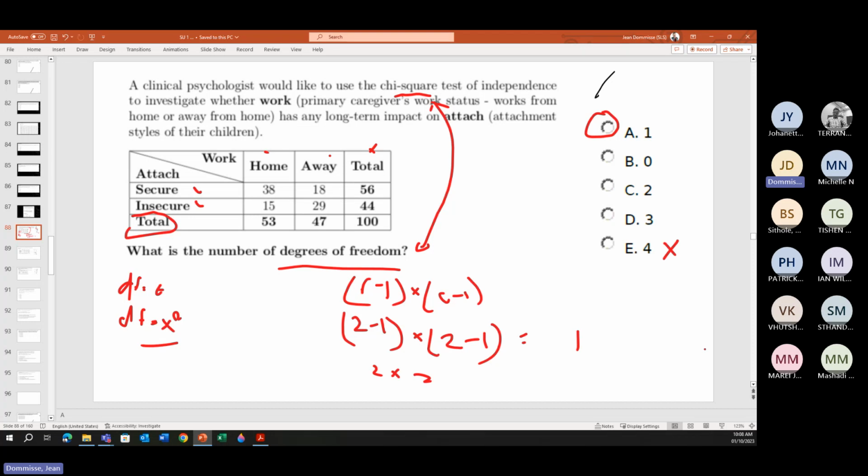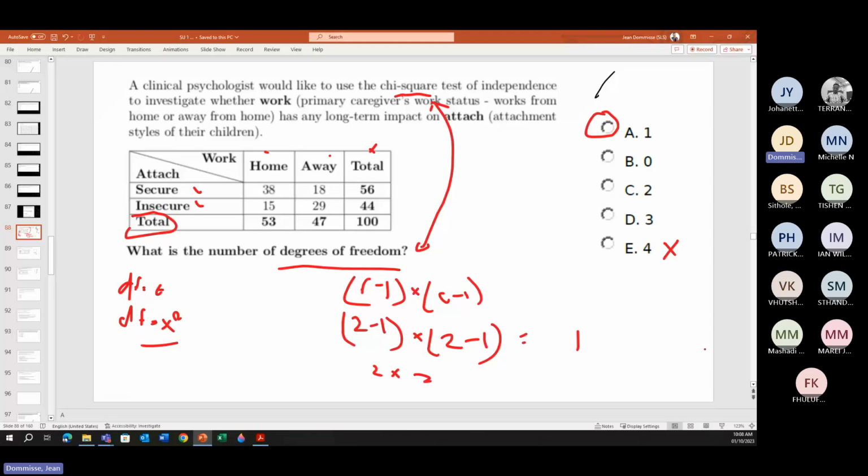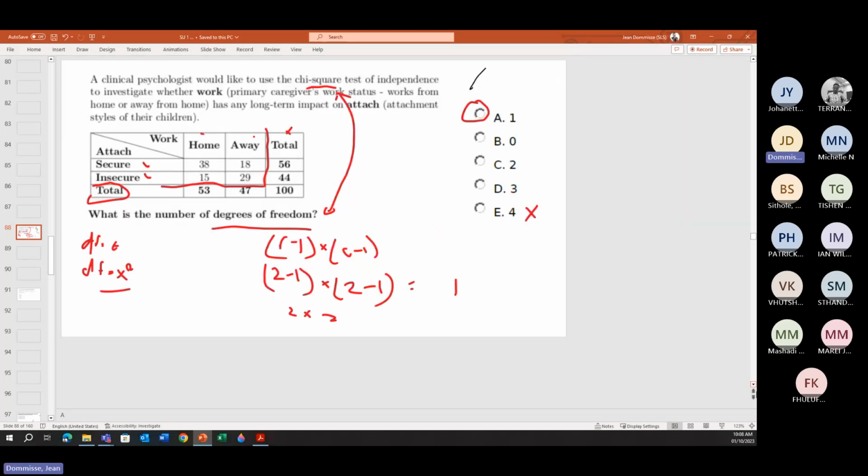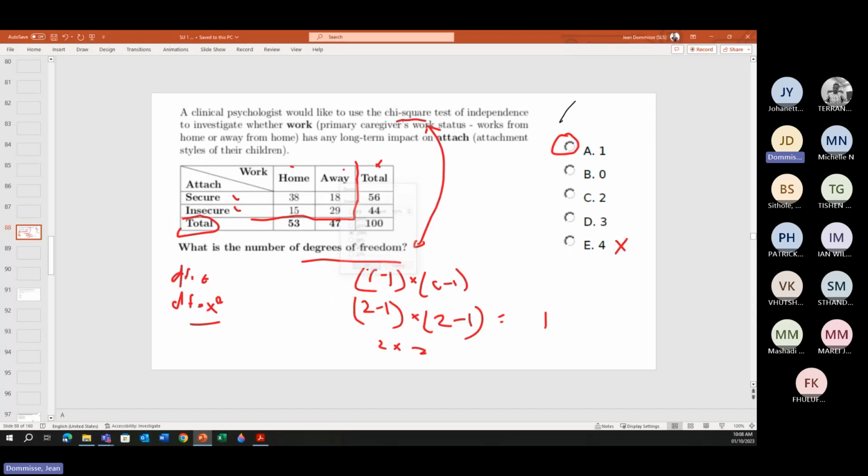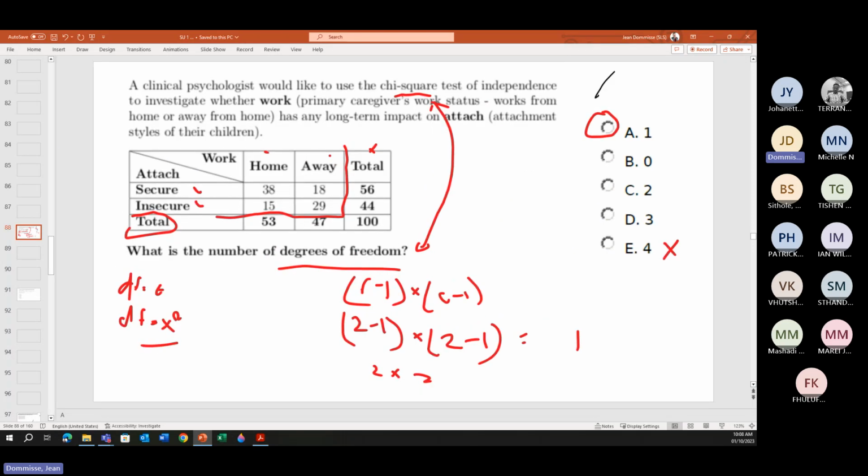So just be very careful when you need to look at the degrees of freedom. Don't include total. So sometimes they give you the table even without the total, but I again would think, because they want to catch you out, they will probably include the total as well. So just be careful about that, because in essence this should be easy marks.